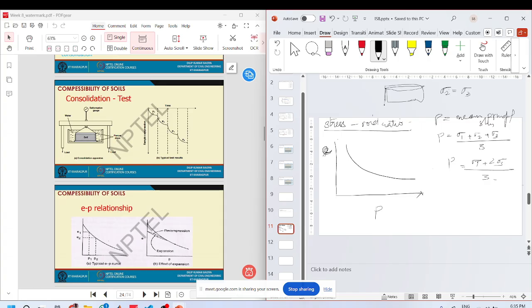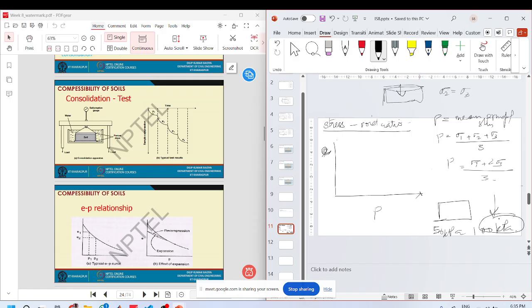Okay. So the mean stress, if you plot your void ratio with mean stress, you will see that the more load you put over the soil, the lower void ratio it will show. This is quite intuitive, that the same soil under a load of 50 kPa and 100 kPa will have a lower void ratio under 100 kPa than the 50 kPa. Why? Because compressibility will be more. The voids that are compressed will be more under a higher load.